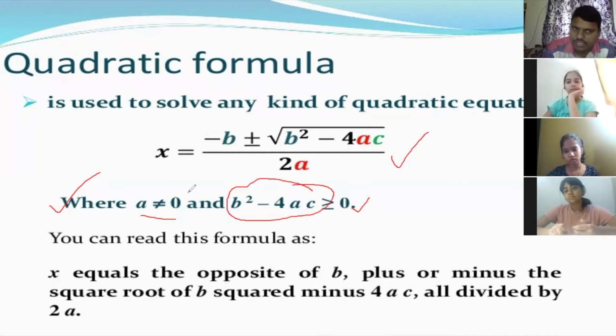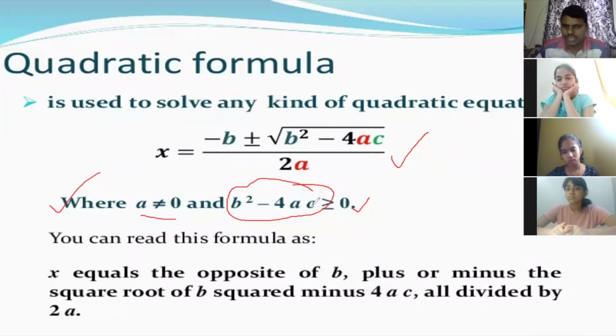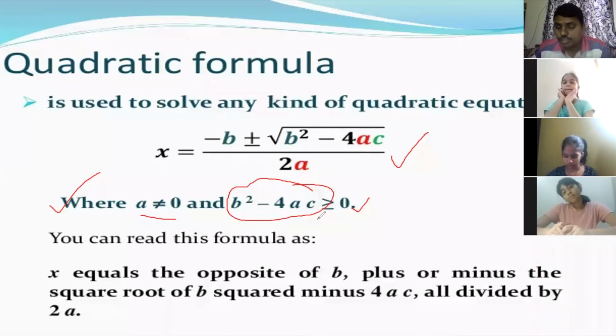Here, a not equal to 0 as well as b square minus 4ac greater than 0. B is the coefficient of x. This is the formula; substitute the a value and c value. We'll do one or two sums and you will understand. These two conditions are important: a not equal to 0, and it should be more than 0 only, then you can continue the solution.